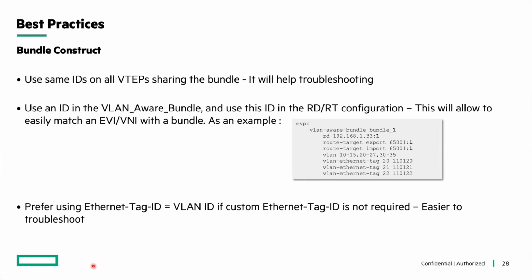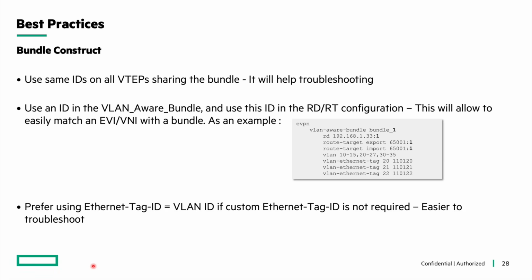Now the best practices. First, let's look at how we build a bundle. The first best practice here is to use the same IDs or names on all VTEPs sharing a bundle. This will obviously help for troubleshooting. The second best practice is to use an ID in the VLAN-aware bundle name and reuse this ID in the route distinguisher and route target definition.